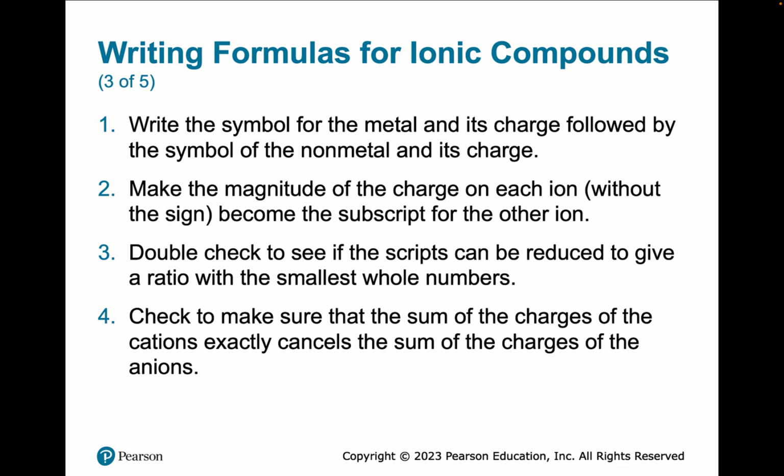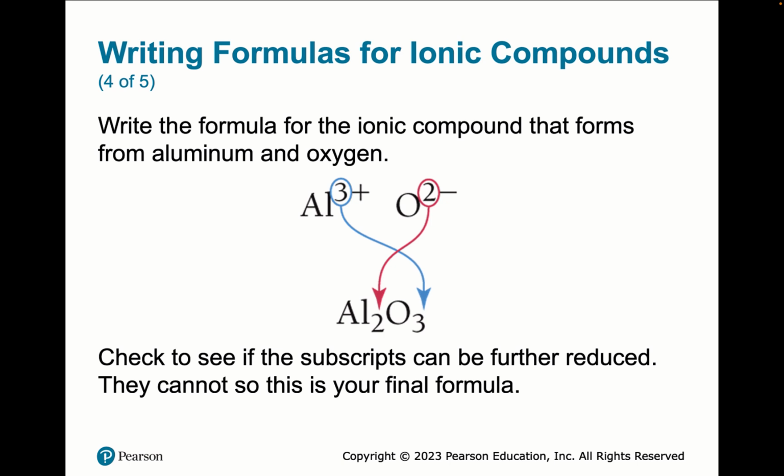You can also look at this by finding the least common denominator, the same way you find the least common denominator of a fraction mathematically. For instance, aluminum tends to form a +3 ion and oxygen tends to form a -2 ion, so you switch them back and forth, and both 2 and 3 are prime numbers, so we can't divide them.